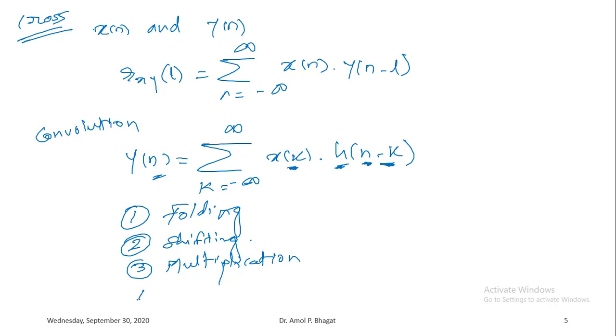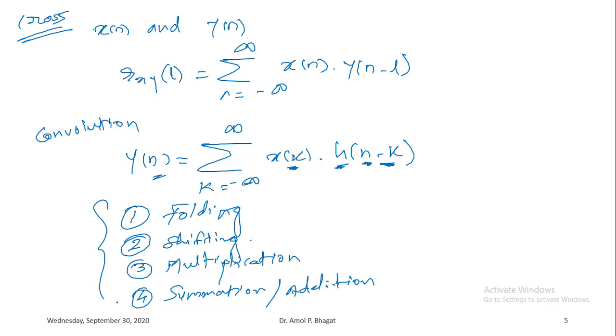Finally we performed the summation or addition operation. All those product sequences of input and impulse response have been added. That was the last operation performed in convolution.